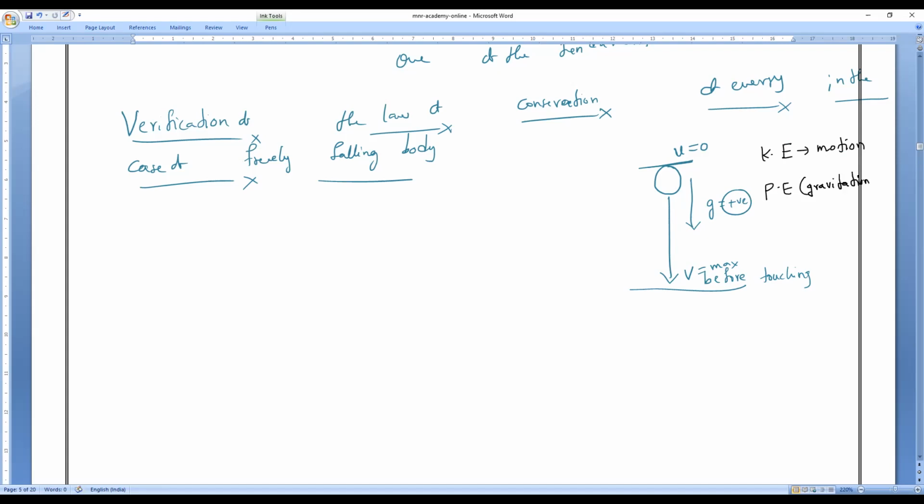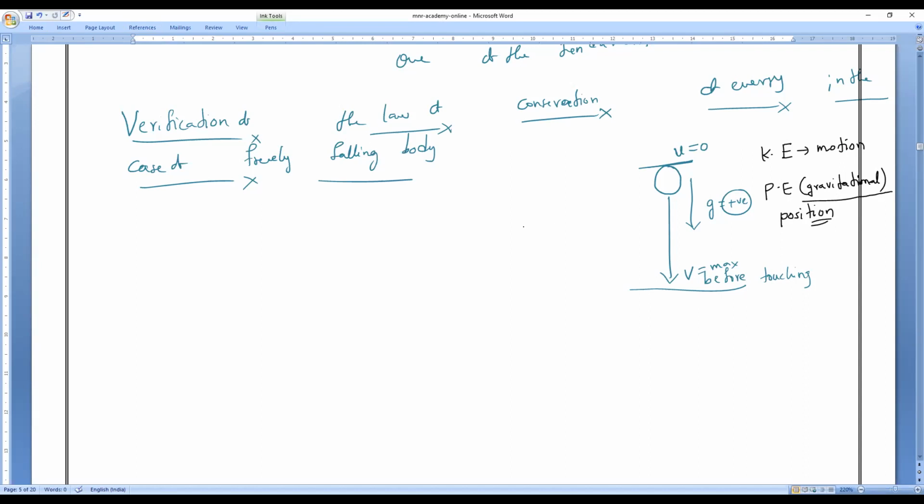Gravitational potential energy is due to position. State means compressed or elongated; elastic potential energy is due to the state. The potential energy possessed by the body due to position is called gravitational potential energy.